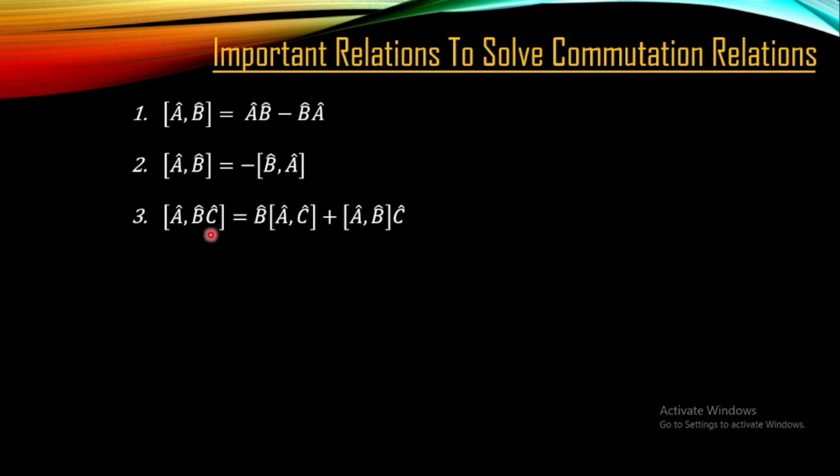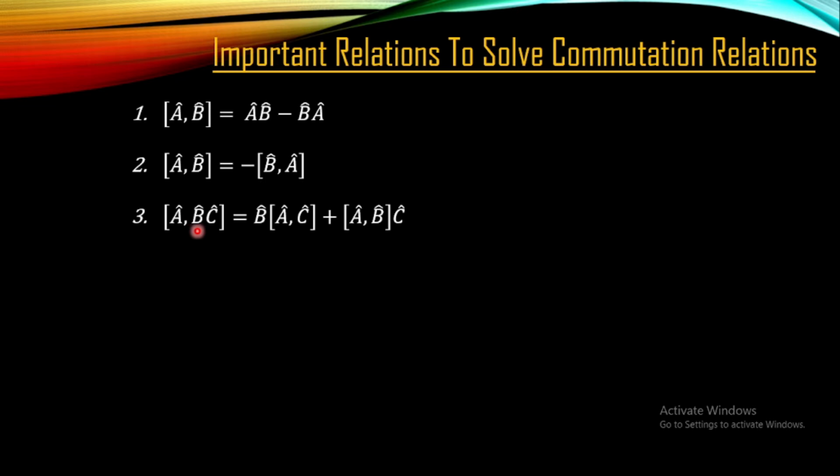That is, if you consider the first term, A cap is as it is within the brackets, but in the second term we are having two different operators B cap and C cap. So if you are writing C cap, then B cap has to be written outside the bracket but with respect to the position, that is in B cap into C cap, B cap is in the left hand side.